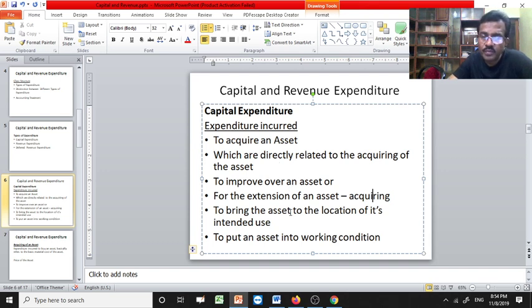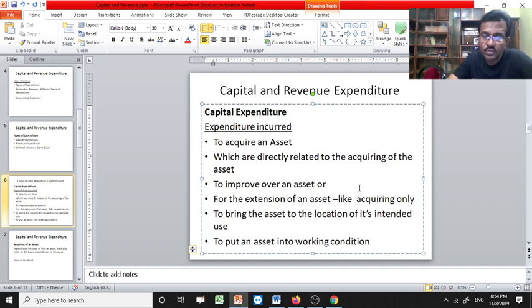Then you have to bring the asset. You might have to spend some money to bring the asset to the location of its intended use, where you want to bring the asset.